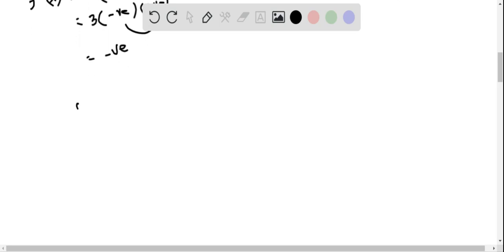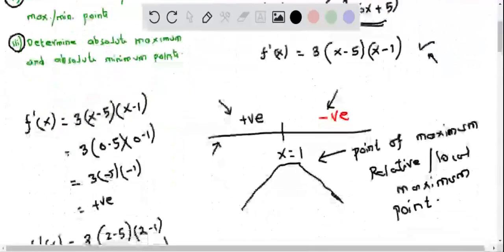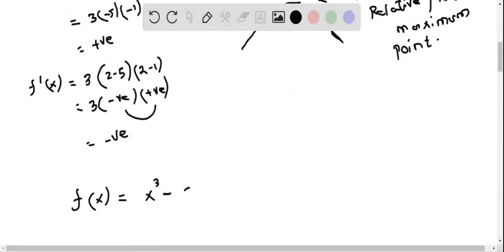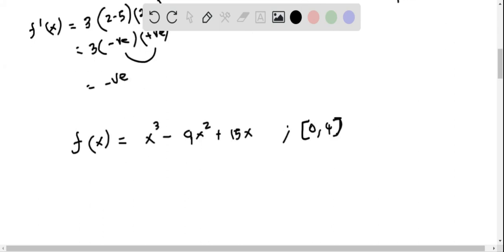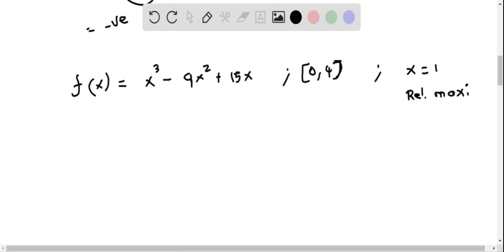First, let me copy the function: f of x equals x cubed minus 9x squared plus 15x, in the given interval 0 comma 4, and both endpoints are included. We have also determined that at x equal to 1 we have a relative maximum. This could also be a possible absolute maximum. We will determine this after creating this table.